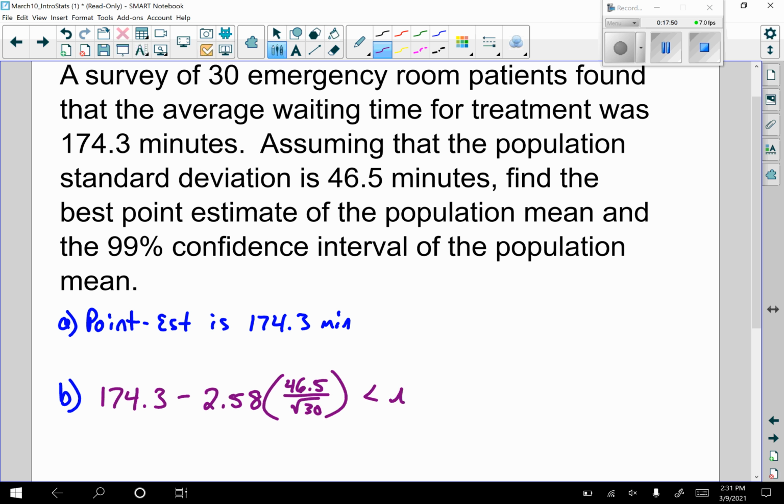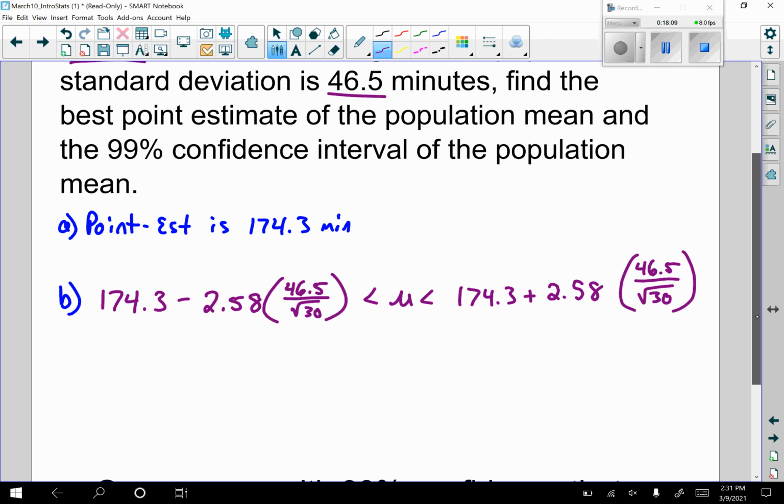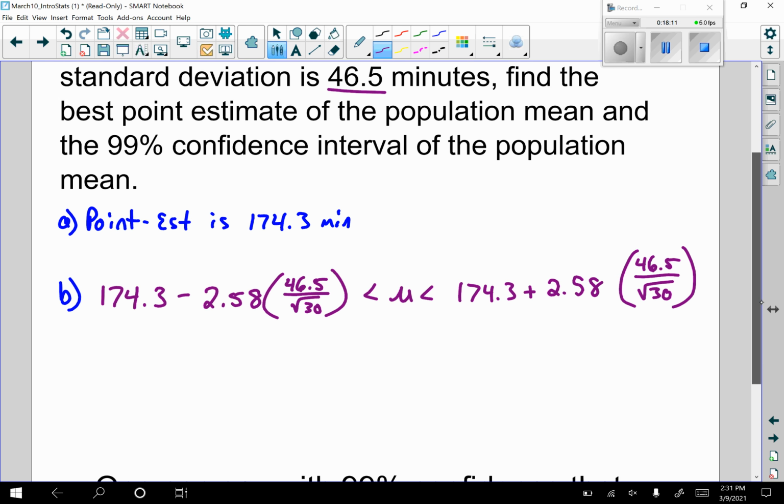So our mu is going to be between that and 174.3 plus the margin of error. Now notice here everything is rounded out to, it's already found for us, so it's rounded out to the nearest tenth, so we're going to round to the nearest tenth. So go ahead and calculate that.